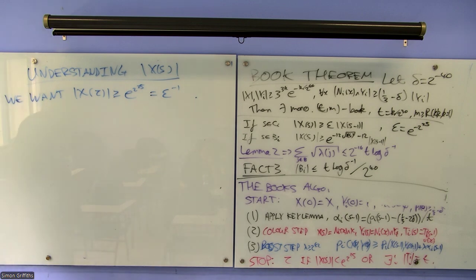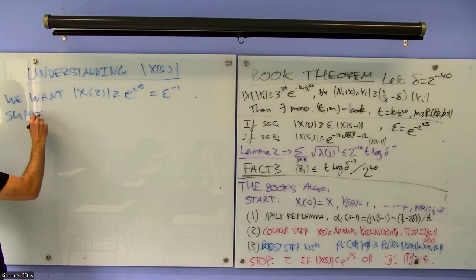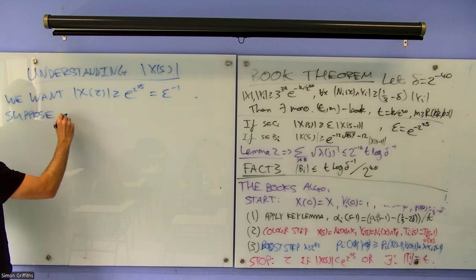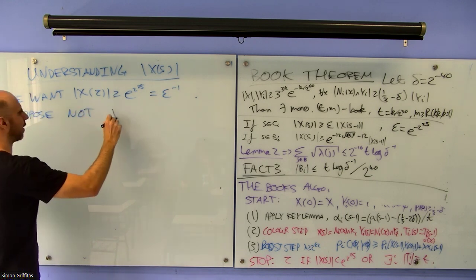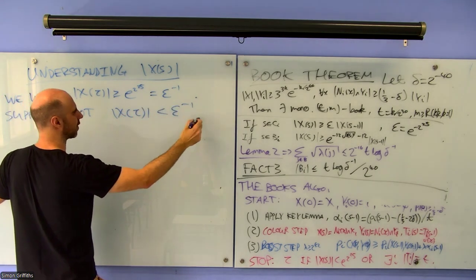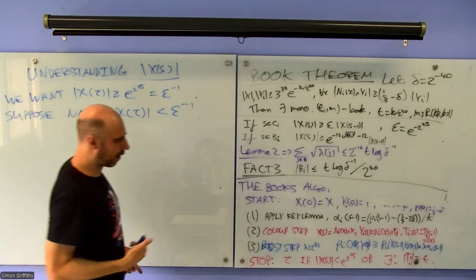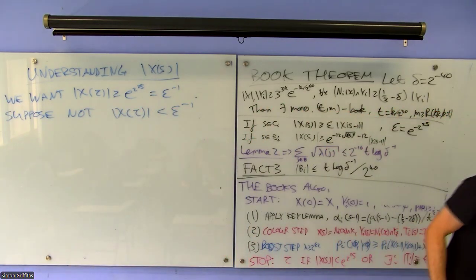It doesn't really matter, but we can just do a proof by contradiction. Suppose not, and then X_tau is less than something minus one. And we can think about how it gets so small through the steps.